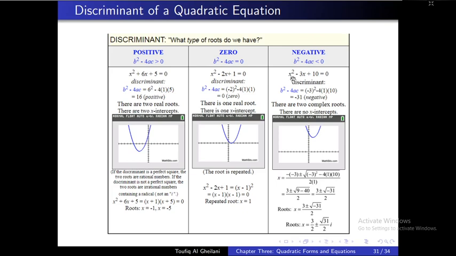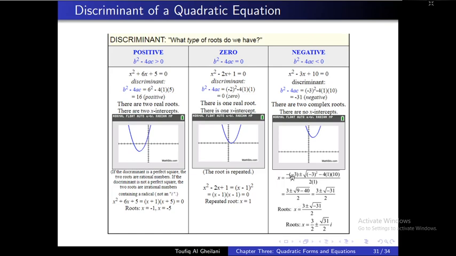Here we notice this equation I cannot factorize, so I use the quadratic formula, x equals minus b, the value of b is minus 3, plus or negative the square root of b squared, so b is minus 3 squared, minus 4 times a, the value of a is 1, times c, the value of c is 10, divided by 2 times a, which is 1.